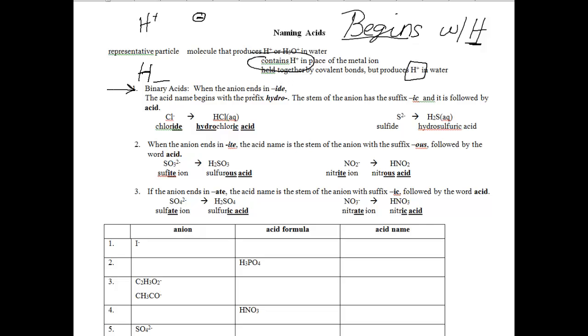These are the anions I'm looking at, your monoatomic ions, one atom ions. So what happens? This "ide" name is going to change, and also we add the word hydro in front of it. These are the only acids that have hydro. Write yourself a note to the side or something. Only ones with hydro.